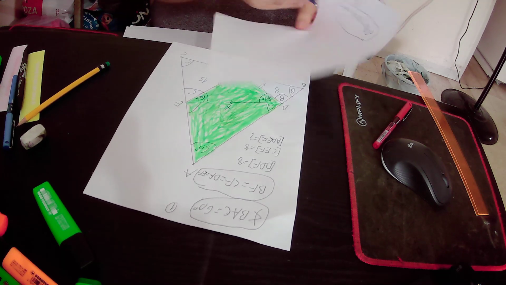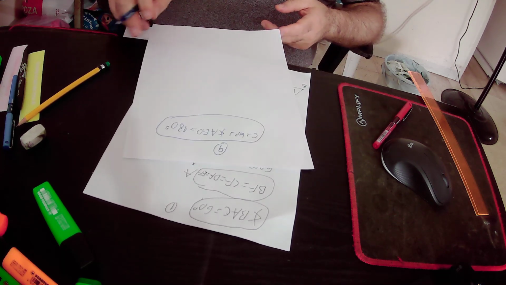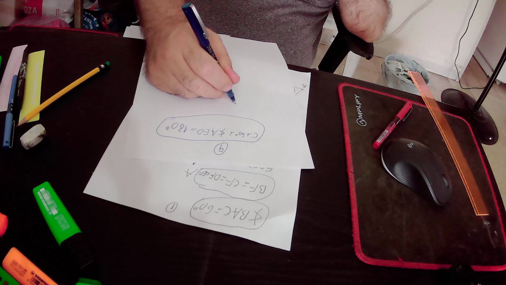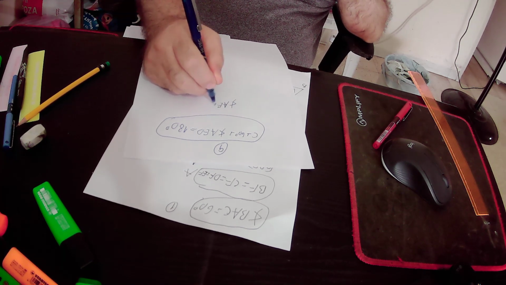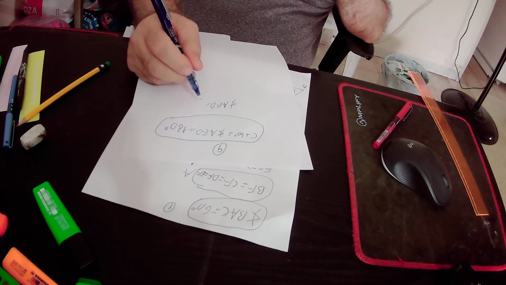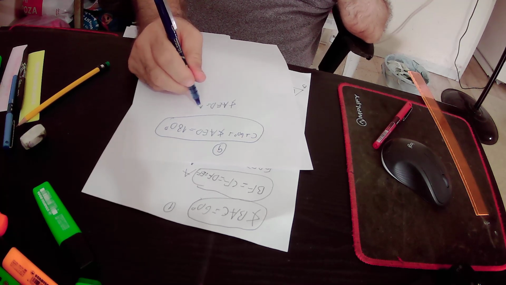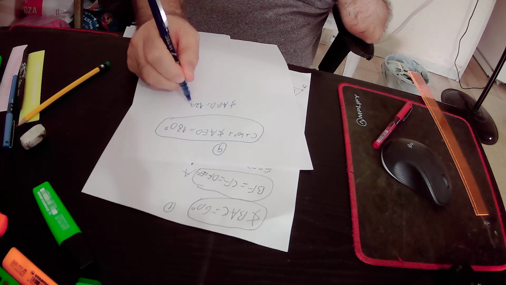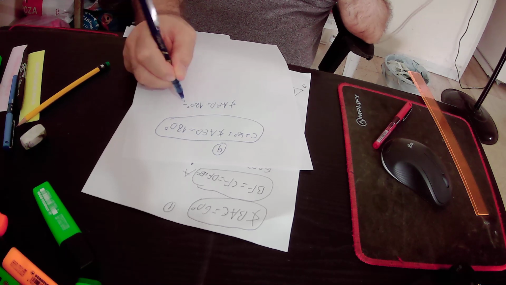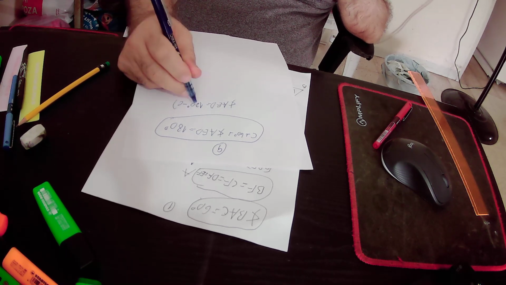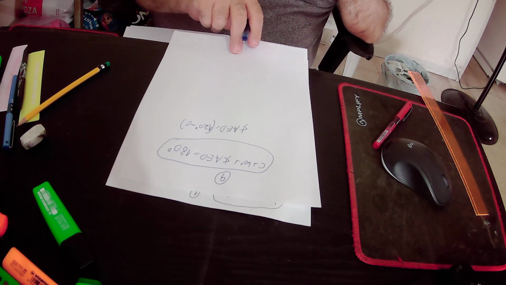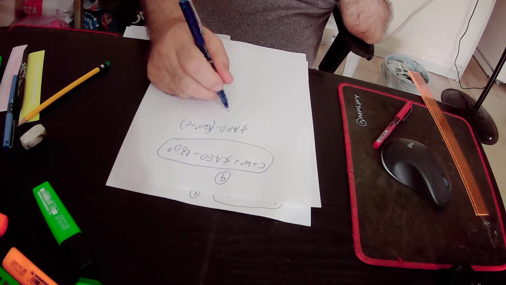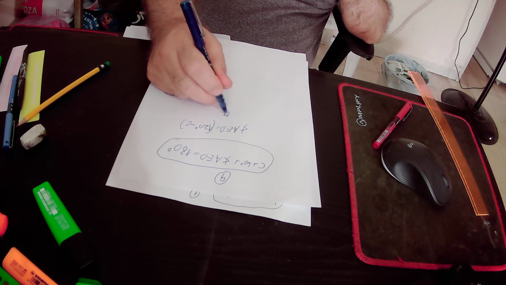We will get that angle AED equals 180 degrees minus 60 degrees, which is 120 degrees, minus C. Angle AED equals 120 degrees minus C.